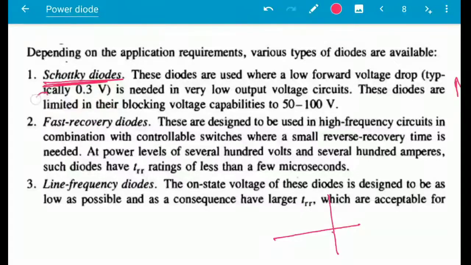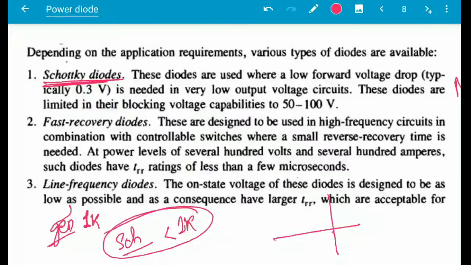Suppose general diodes are available for 1 kilovolt operation rating, then Schottky diodes are available for less than 1 kilovolt. So these have low ratings and are used for high frequency operations such as SMPS, that means switching mode power supply, etc. And forward current is due to the electrons only.